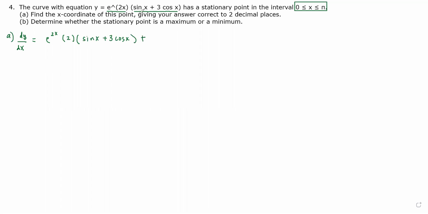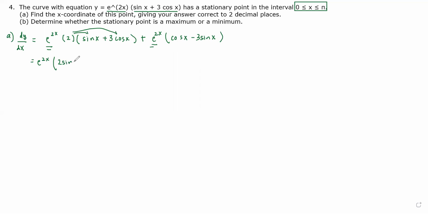After that, we hold e to the 2x, and then we differentiate sine x plus 3 cos x with respect to x. The derivative of sine is cos, and the derivative of cos is negative sine. We can factor out e to the 2x, and then this 2 is distributed here.